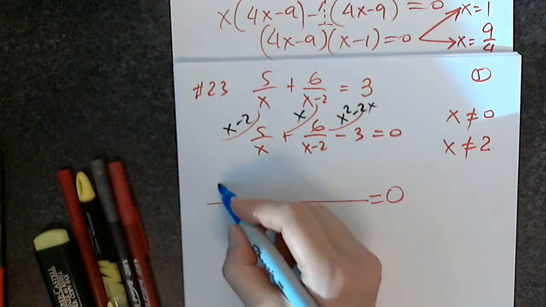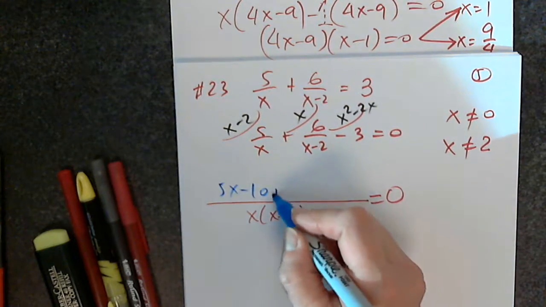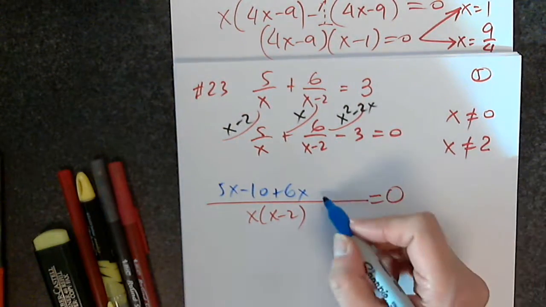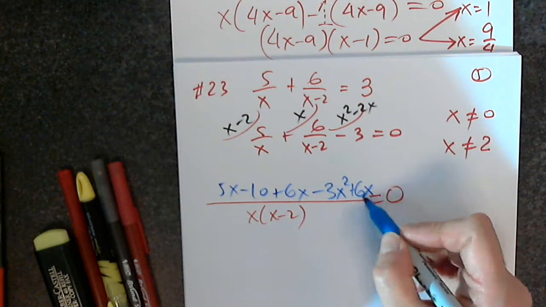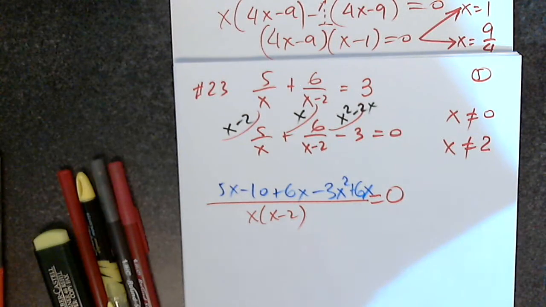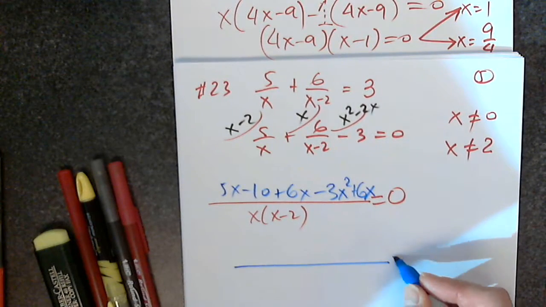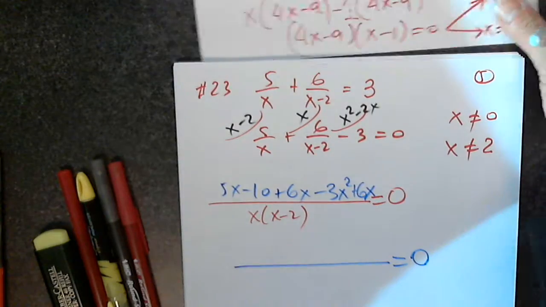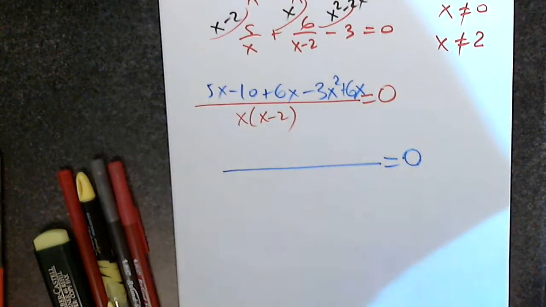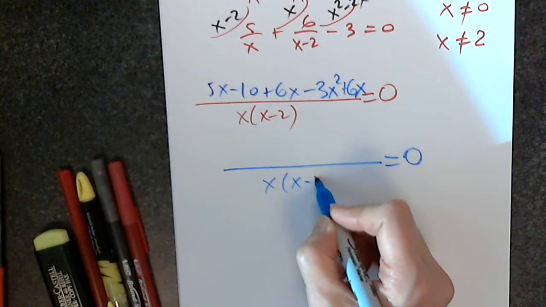Yes, I agree with 5x minus 10 plus 6x, I agree. Plus 6x indeed. Good. Look again, because if I forget this, I will never solve. The denominator is still x times x minus 2.